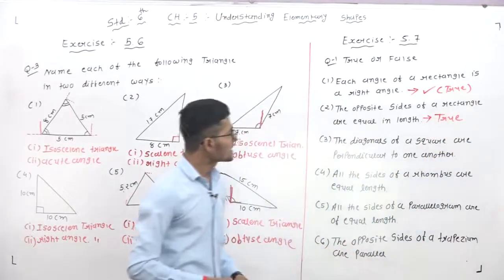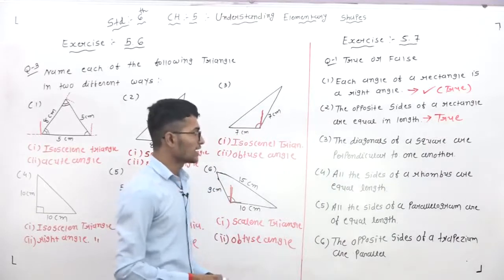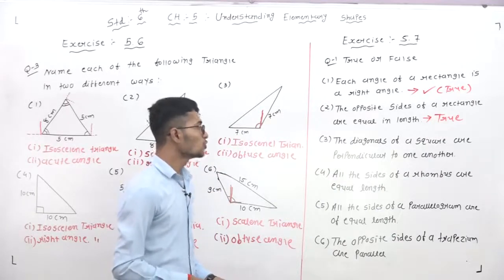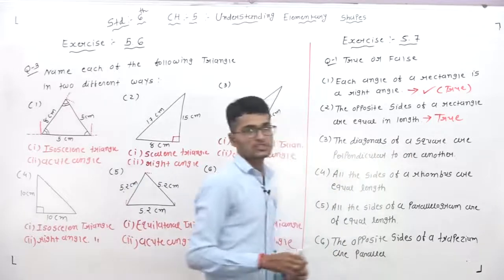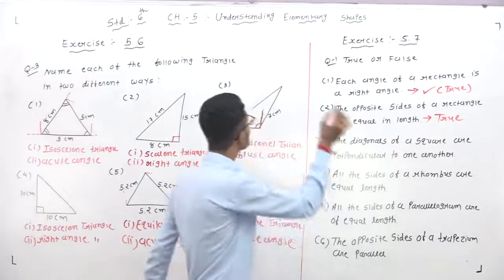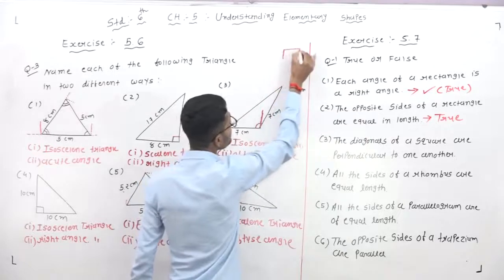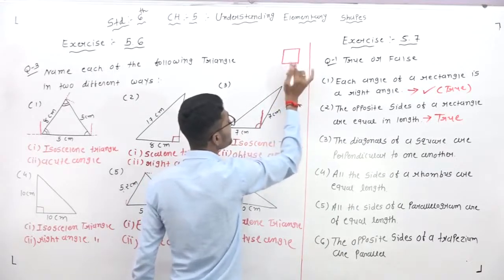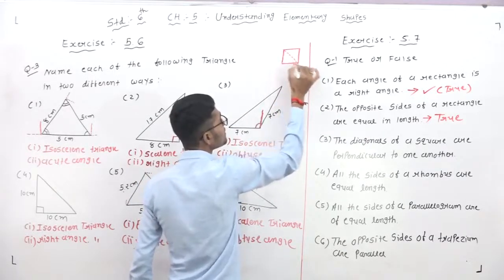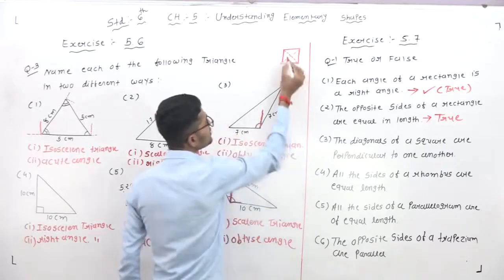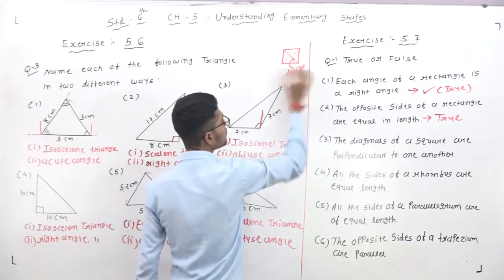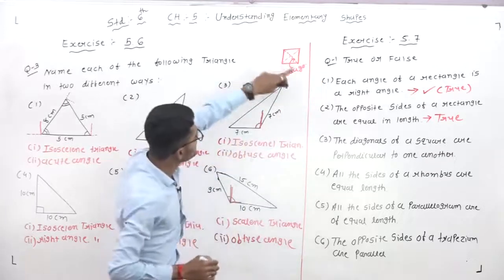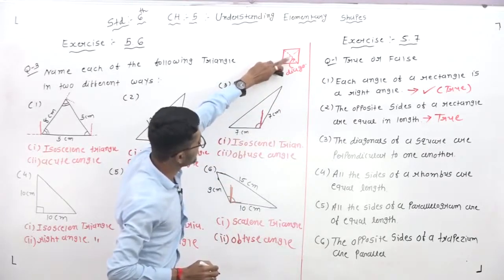Then after, the diagonals of a square are perpendicular to one another. So first of all, what do you mean by diagonal? Dear students, suppose I draw my square here. If we join opposite corners with one line, this line is called a diagonal.